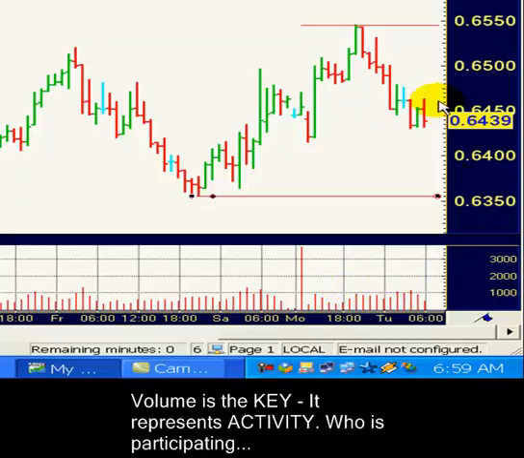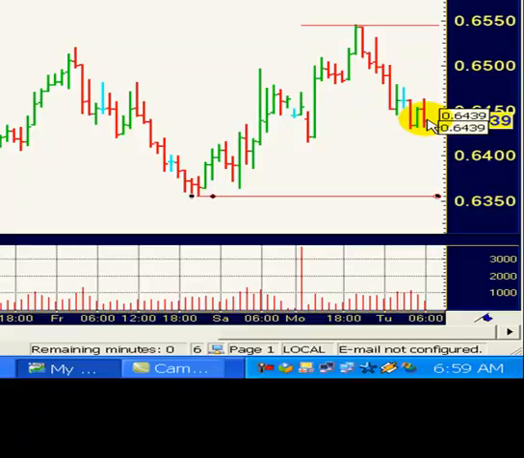So where price is closing, it's a down bar on low volume. What does that mean? It typically means that as the price is being pushed lower, there's less interest in the market at this point in time.